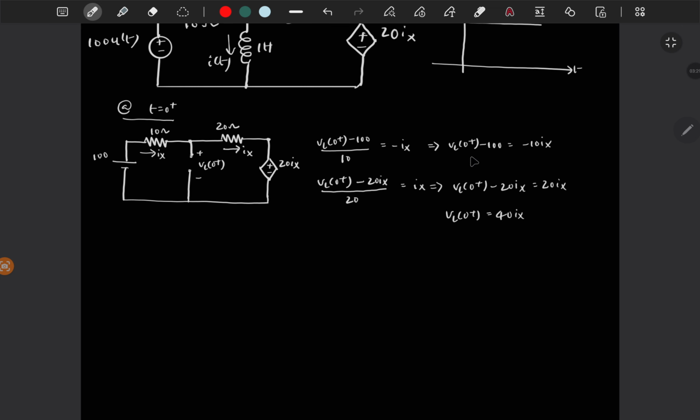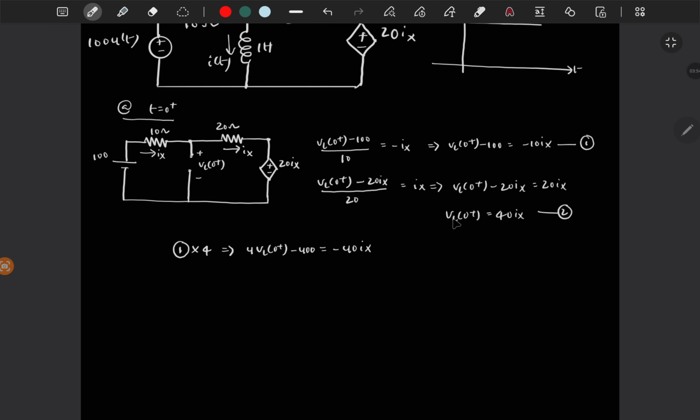So if you multiply equation 1 with 4, then 4 VL of 0 plus minus 400 is equal to minus 40 ix.